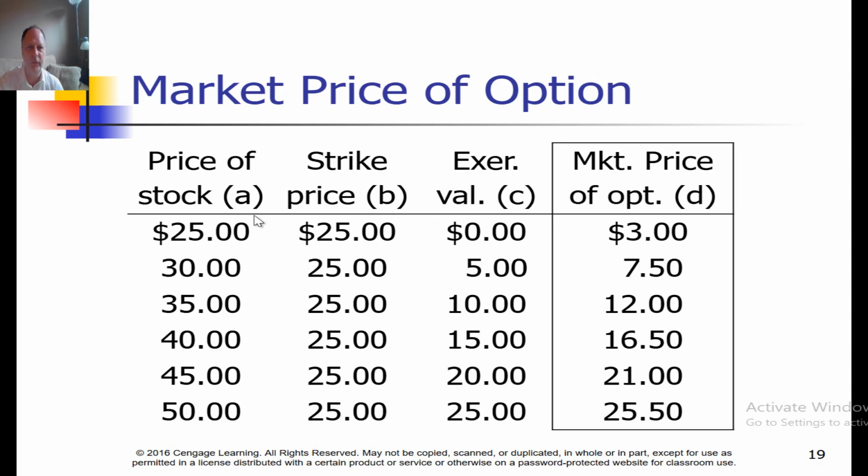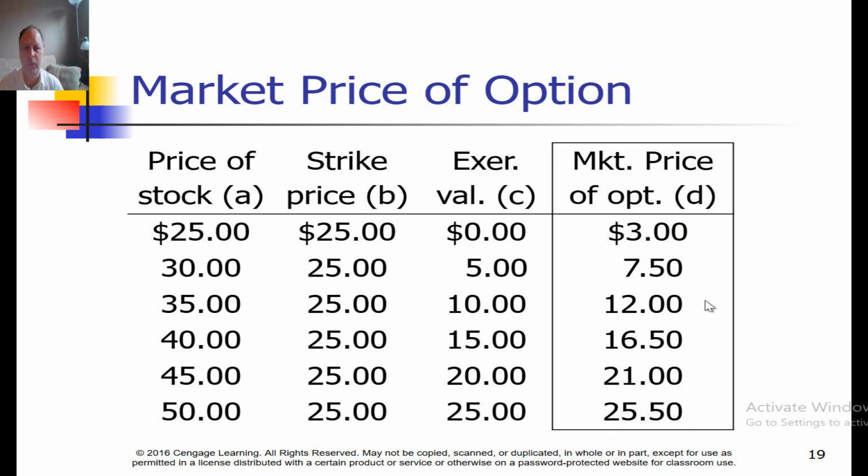So now we have the price of the stock in the first column, the strike price in the second column, the exercise value in the third column, and the market price in the final column. So the market price minus the exercise value is the time value. We have a time value here of $3. Here, $7.50 minus 5, or $2.50.